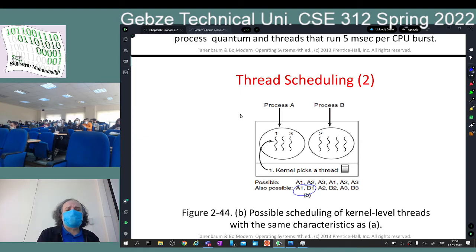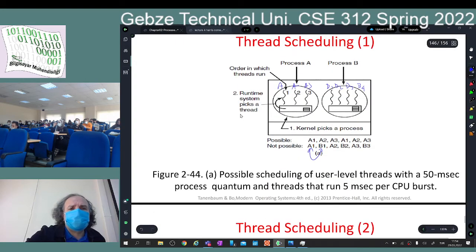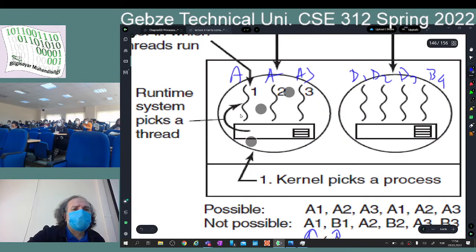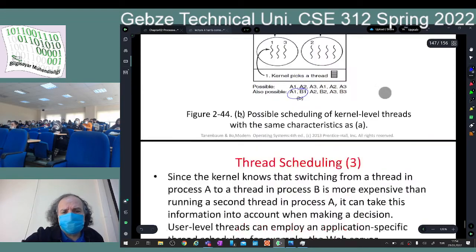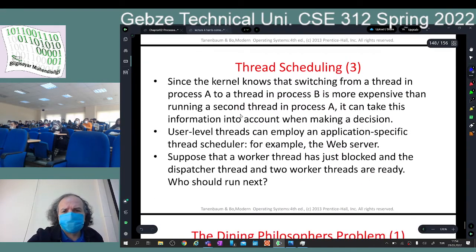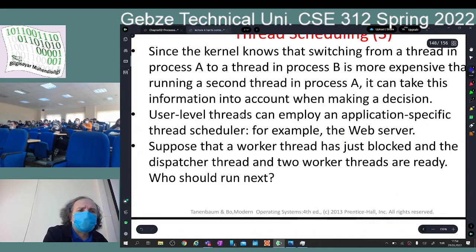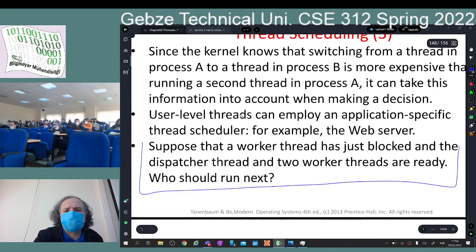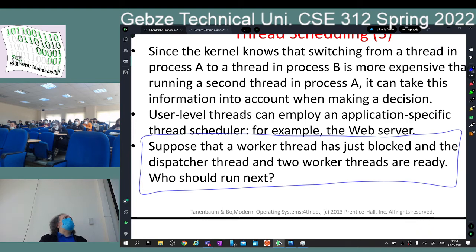The thing is that if you are doing your thread scheduling yourself, you can get creative and take advantage of this picture, such as this one. Remember our client server architecture that uses worker threads and the dispatcher thread. Do you guys remember that one? Dispatcher thread.